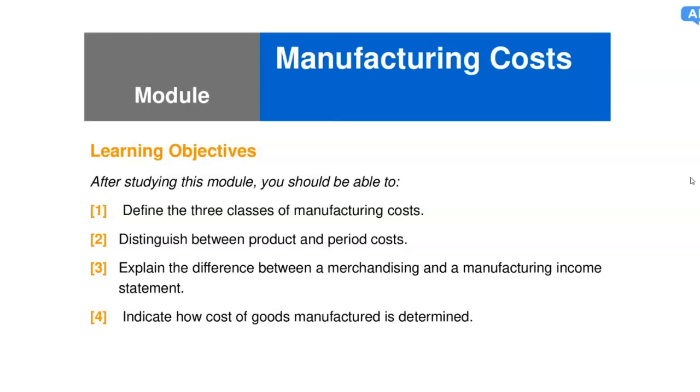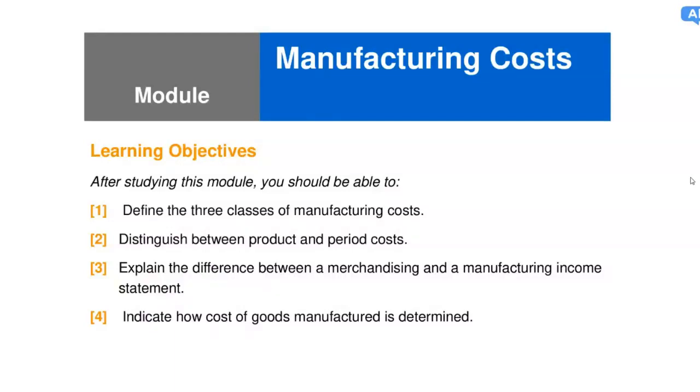Now, a manufacturing company is a company that takes in raw material and then converts that raw material into a finished product. That's what a manufacturing company does. So you see, and you will learn, we have three types of inventories. And we also have another type of financial statement related to the cost of manufacturing.